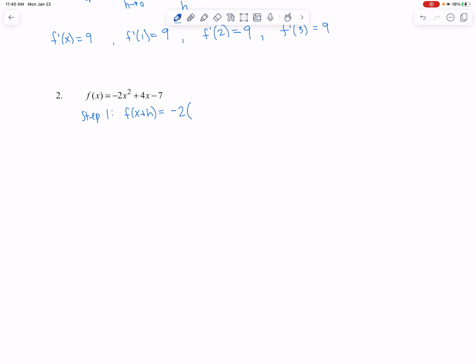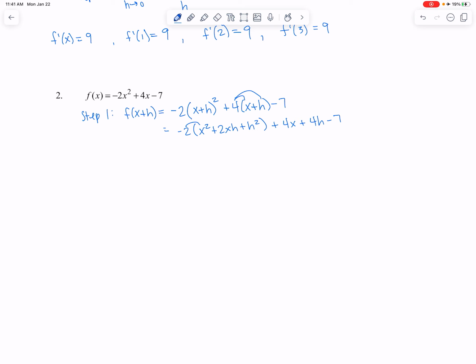Minus 2 parentheses, because the whole thing's being squared, x plus h squared plus 4 times x plus h minus 7. Okay, now I'm going to square, so negative 2 times x squared plus 2xh plus h squared, and distribute 4x plus 4h minus 7.